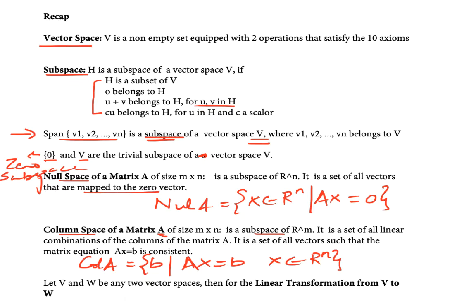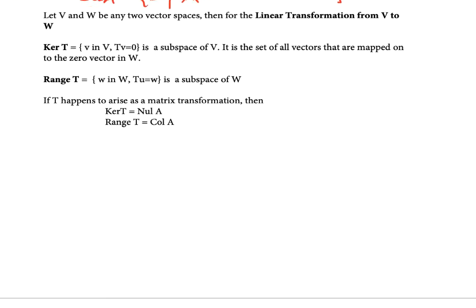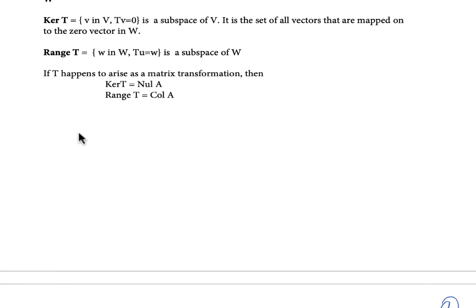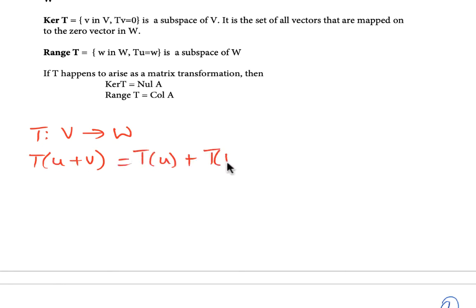So let T be a linear transformation from one vector space V to another vector space W. As it's a linear transformation, if I take two elements u and v of V, then T of u plus v equals Tu plus Tv, so it preserves addition. And T of alpha u equals alpha times Tu, so it preserves scalar multiplication.